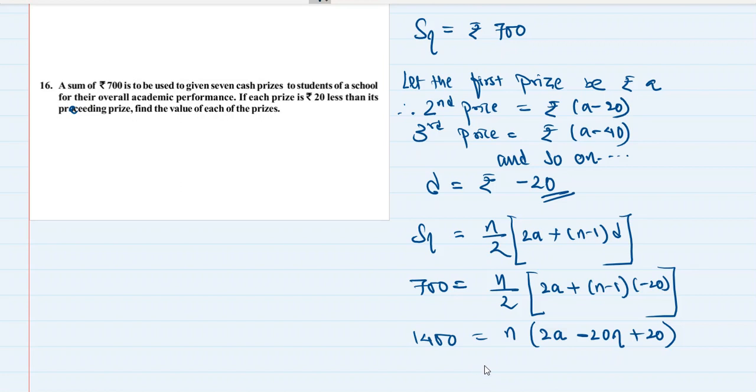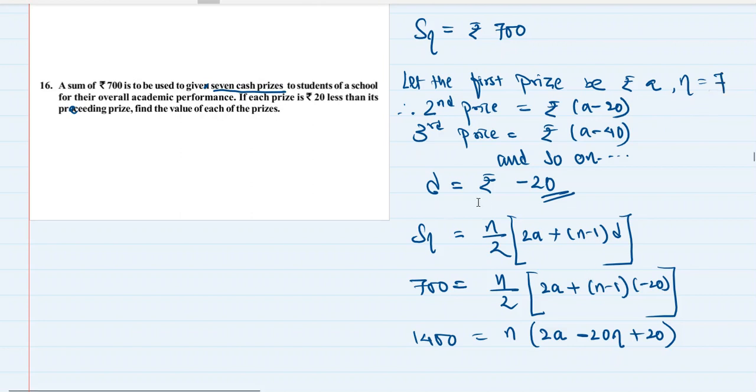So I'm unable to go ahead because I see there are two variables, a and n. Hey, we know n. One second. A sum of rupees 700 is to be used to give actually 7 cash prizes. So we know that the number of prizes n is equal to 7.